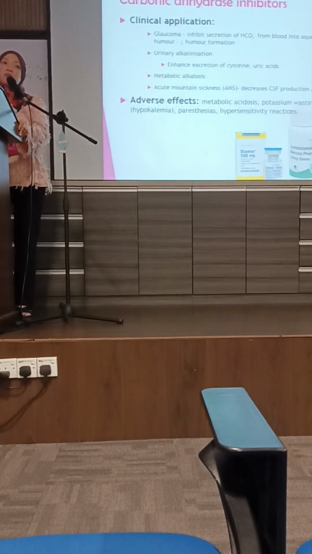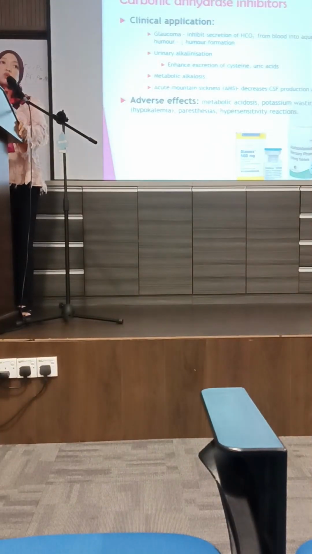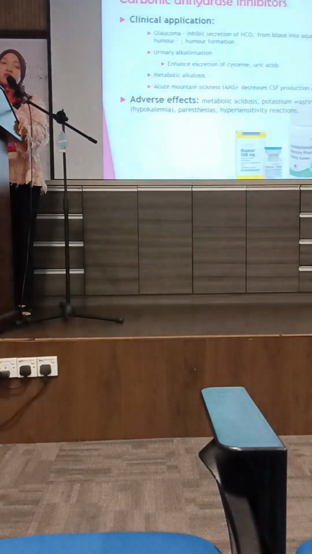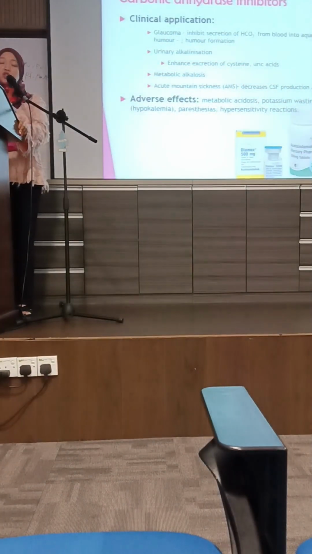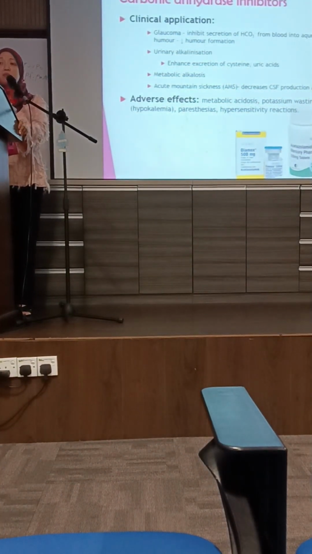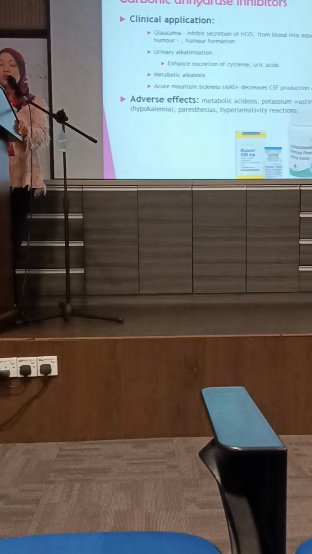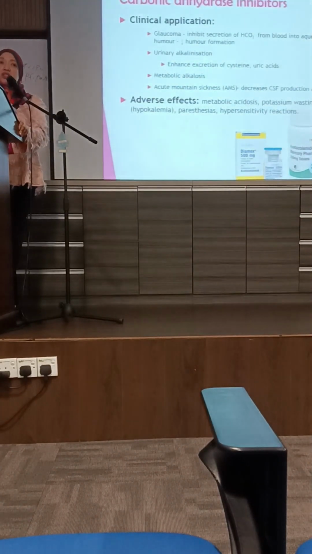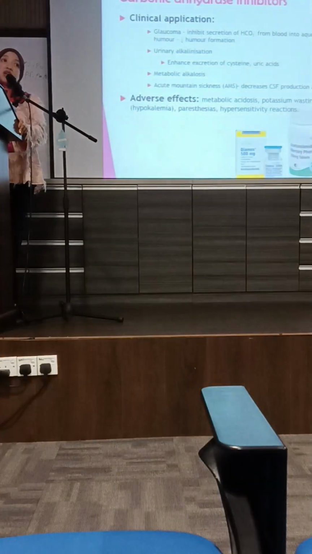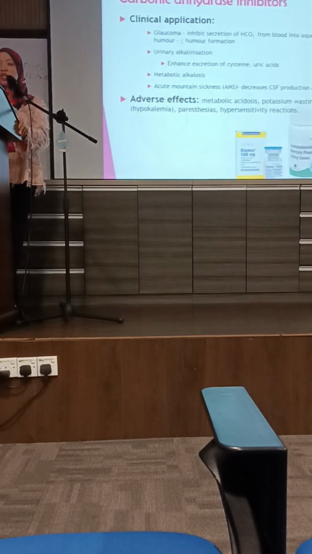The blood pH becomes very acidic, so they will tend to have problems with respiration and so on. So we can give the climbers this acetazolamide as prophylaxis to prevent acute mountain sickness. Alright, to maintain and stabilize the blood pH.